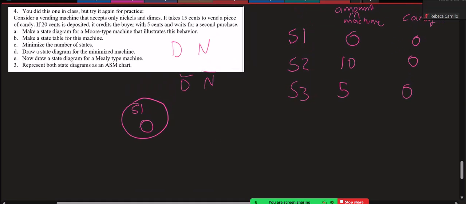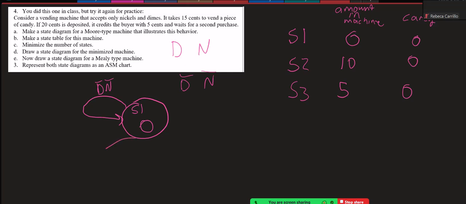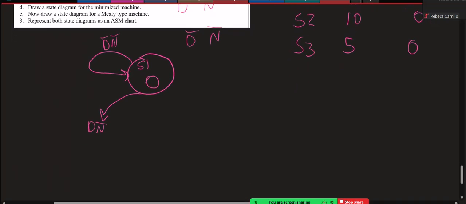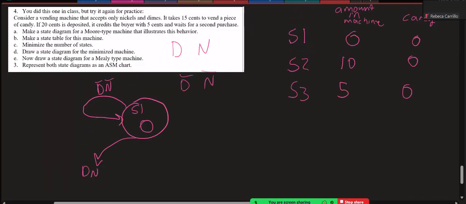So from state S1, if I don't put in a dime or a nickel, where am I going to go back to? Well, S1, I kind of gave that away. And if I put in a dime and not a nickel, that will go to state S3.